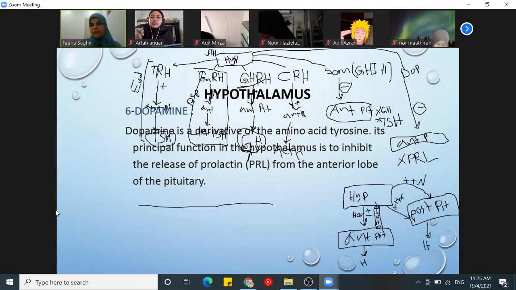And why is the anterior pituitary a target for those hormones? Those hormones in the blood can reach your heart, they can reach your kidney. So we have thyroid releasing hormone, okay? One of the hormones from the hypothalamus is thyroid releasing hormone.